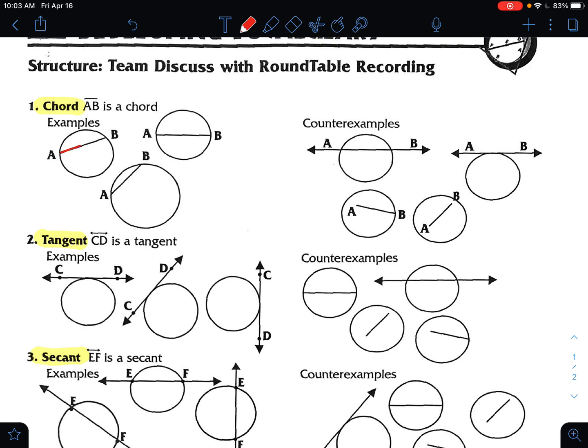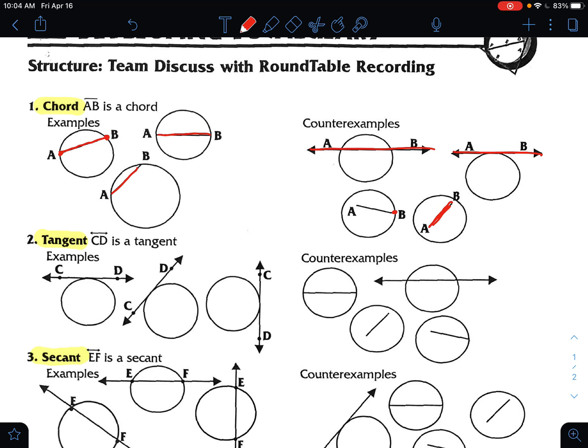Okay, so hopefully you have an idea in mind. What I want you to notice is all three of these examples are inside the circle and they go from one side of the circle to the other. Whereas on this counter example, this is going through the circle. This is just touching the circle. This one is not touching the circle itself, but this one only one part is.